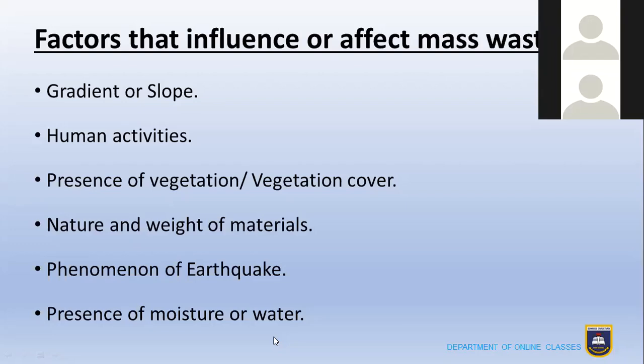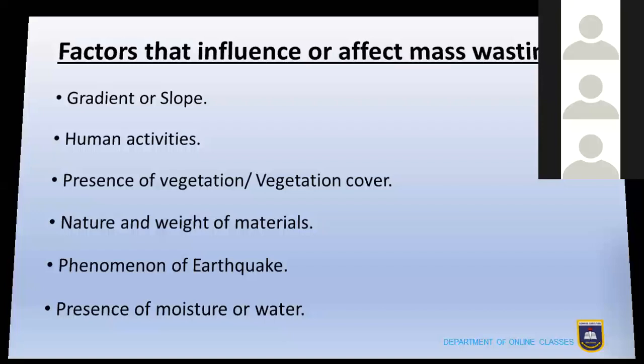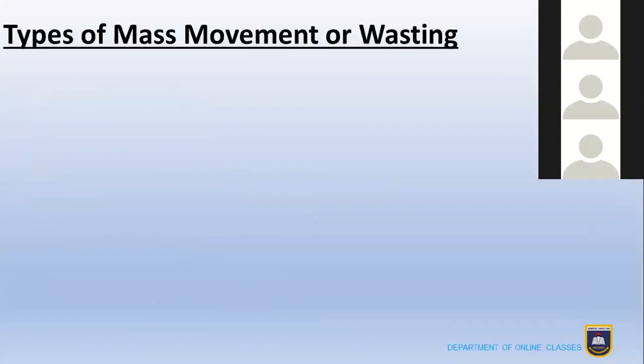All right. Now, having looked at the factors that affect mass wasting or mass movement, we can proceed to look at some of the various types of mass movement. In arriving at these various types of mass wasting, we depend highly on the rate of movement.